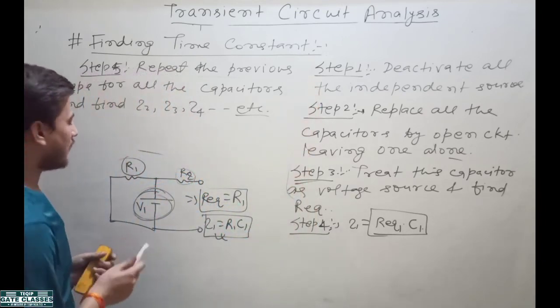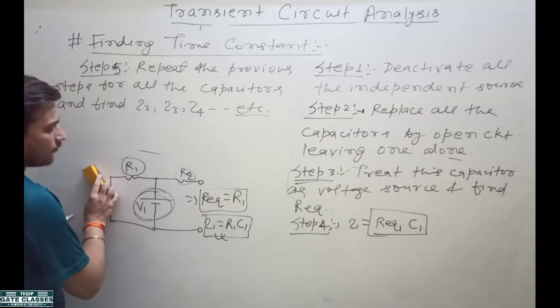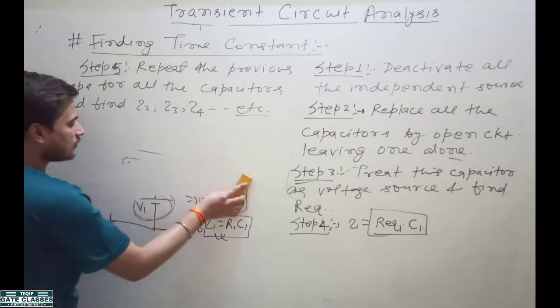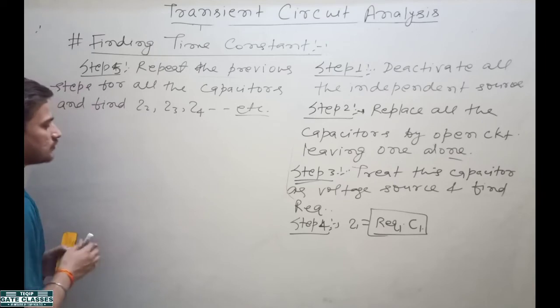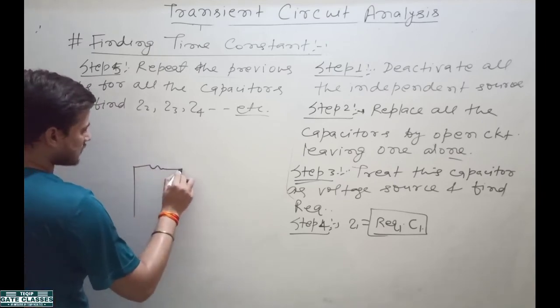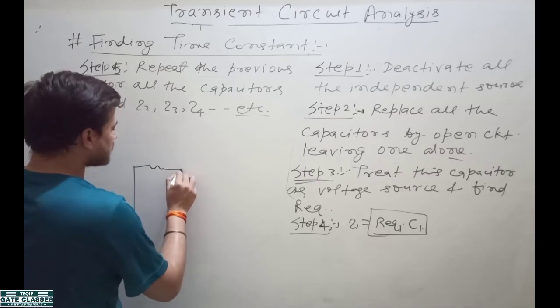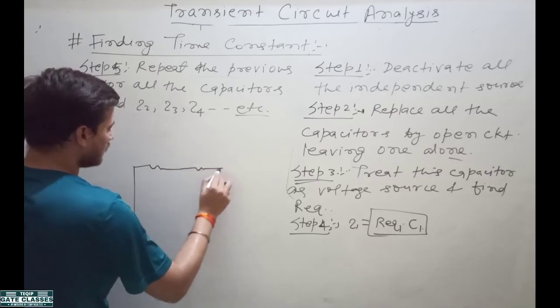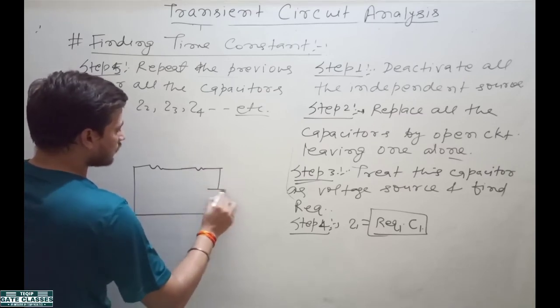We got tau 1 equal to R1 into C1. Now we'll repeat for another capacitor. Here the first capacitor is deactivated. Now the second capacitor will be replaced by the voltage source V2.